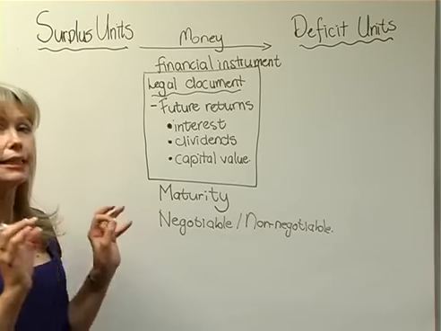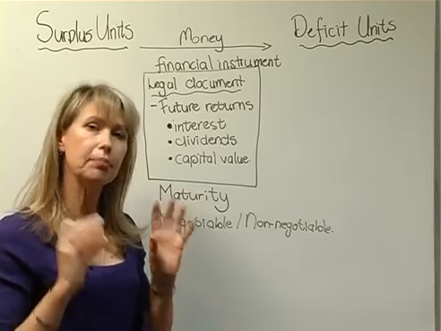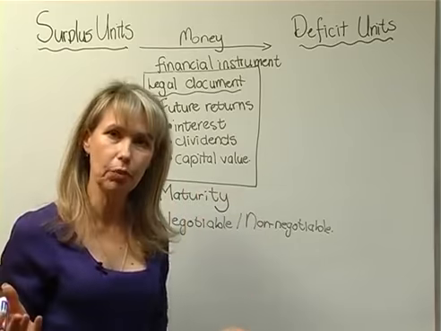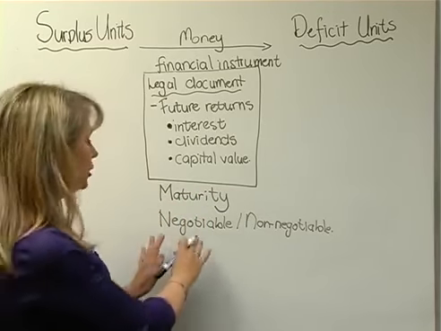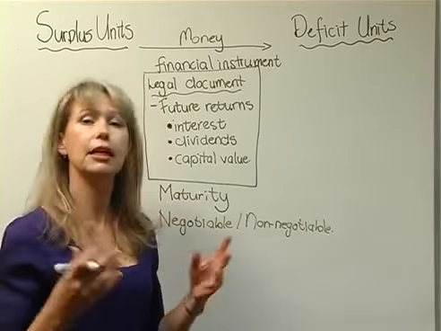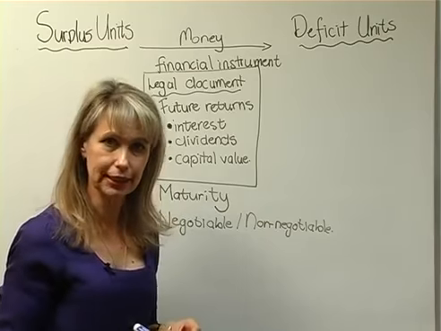But if they need their funds to be liquidated, if they need the money before the maturity date, they can sell it to someone else. That means it's negotiable. If it's a non-negotiable instrument, it means they can't sell it to someone else. They have to keep it until the maturity date.